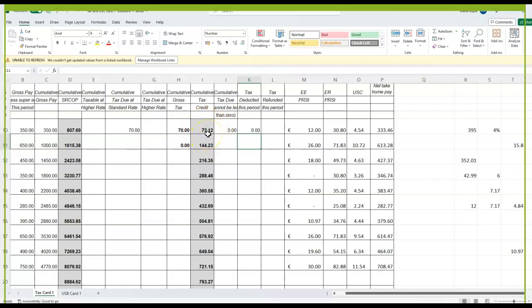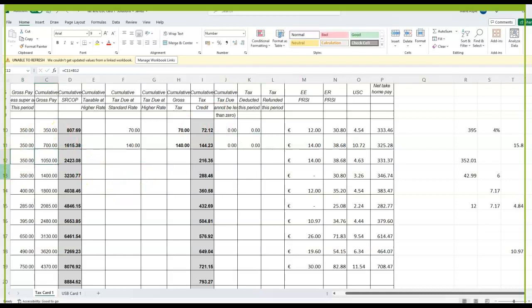If you don't use them, you're going to lose them effectively. And if I was to continue to earn 350 euro throughout the year, I won't exceed my credits. So therefore, I probably will end up paying no tax for the whole year. So 140, and I have 144 to reduce it. Again, zero. So there's nothing going to change here.